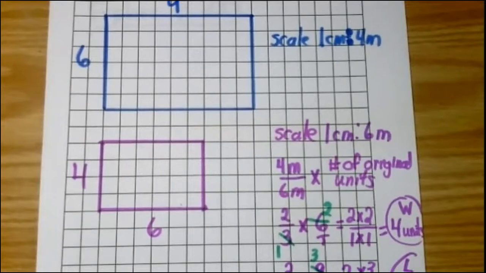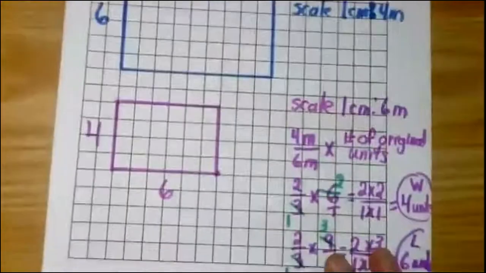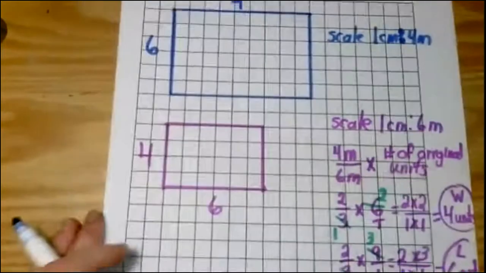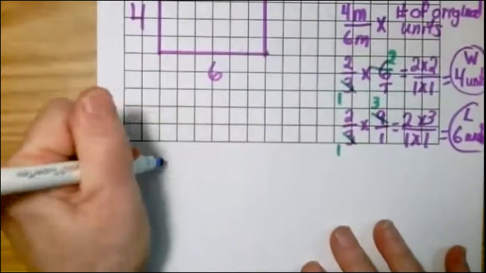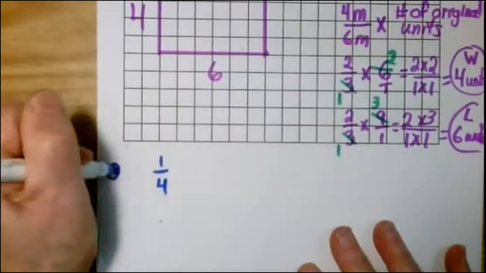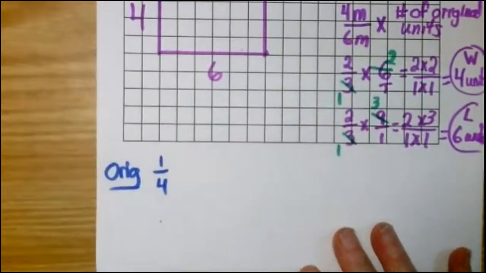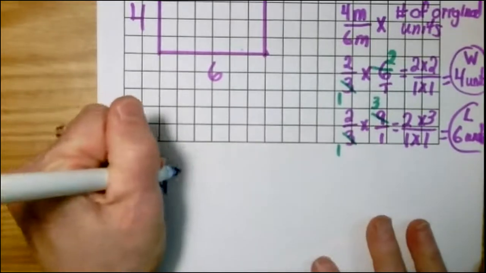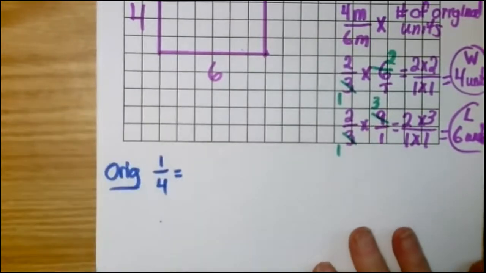Now B is, what is the actual length and width of the cafeteria using the original scale? So the original scale was 1 centimeter to 4. So let's put that in over here. 1 centimeter to 4. This is the original. And then we have to set that equal to the width and the length.